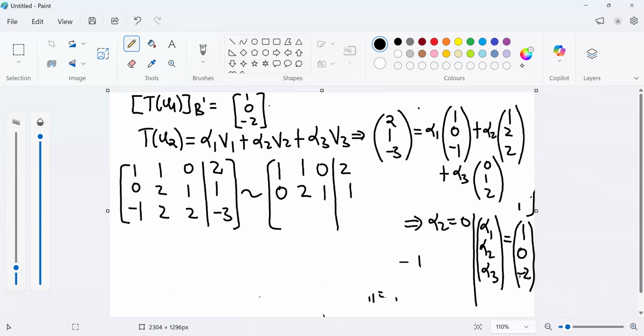Then if I add R1 plus R3, this will be a 0, this will be a 3, this will be a 2, and this will be negative 1.